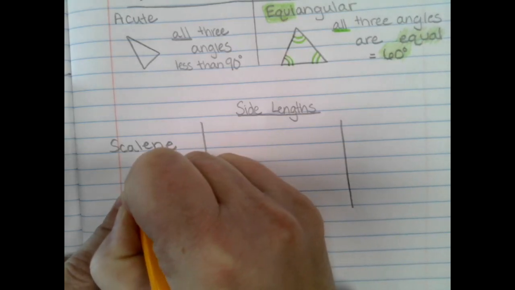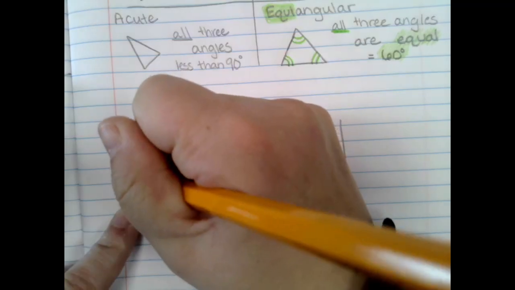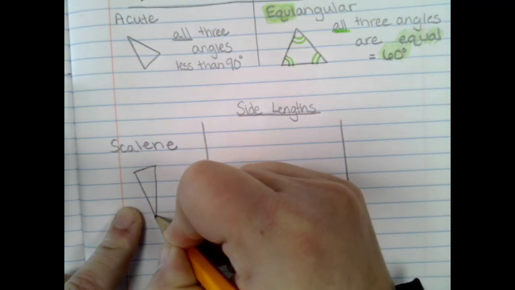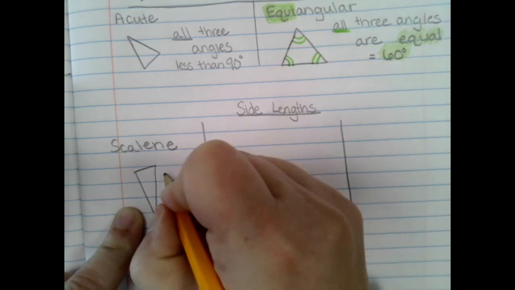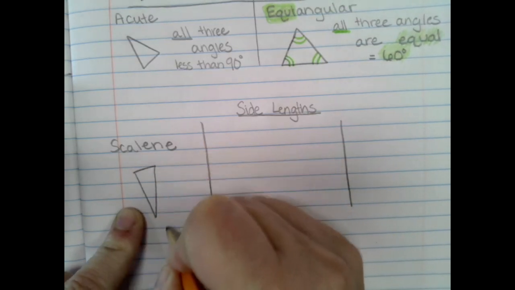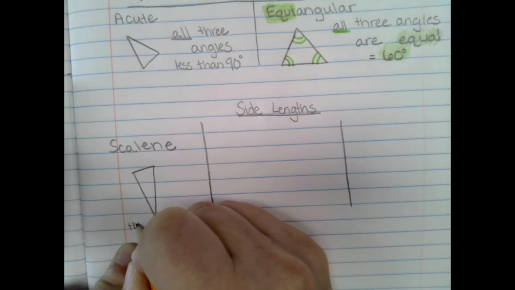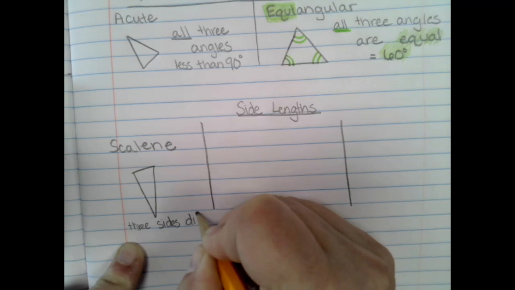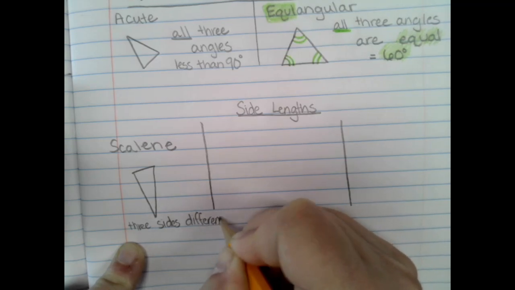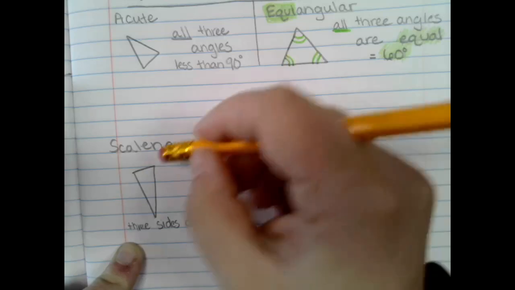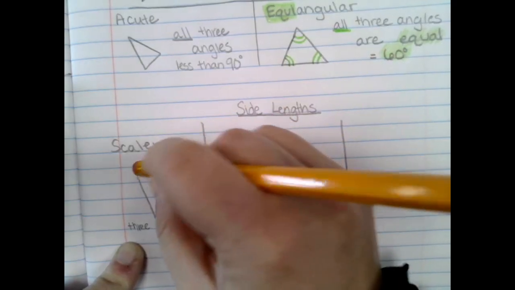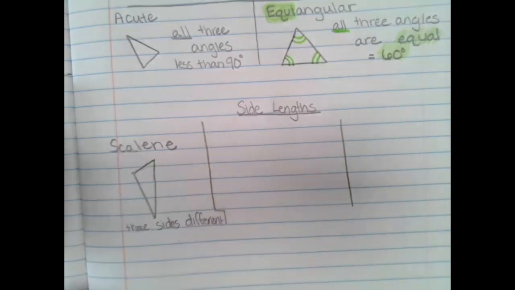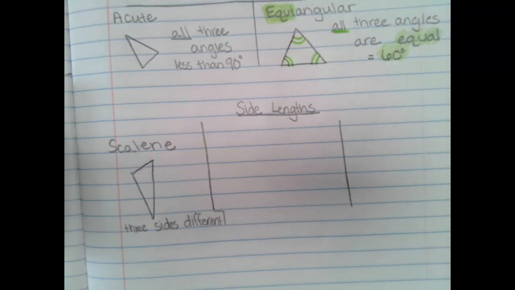All right, so scalene, we're going to have 3 sides that are all different lengths. It can be a little challenging to try and draw, but the 3 sides are different. Mine looks a little bit too much the same. I should have opened that a little bit. There we go. Okay, so 3 sides are different.